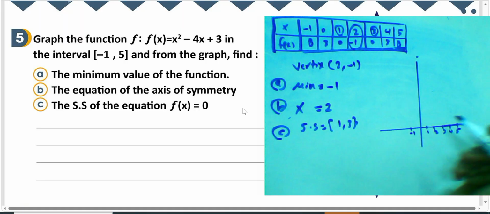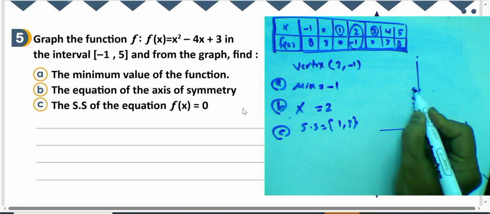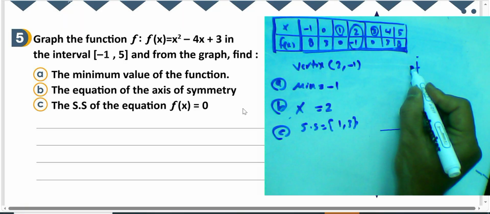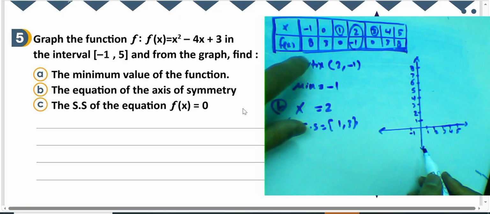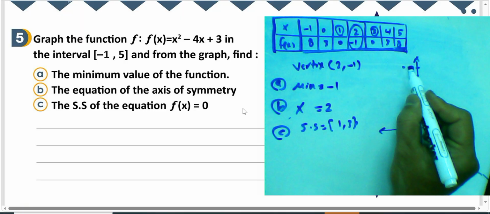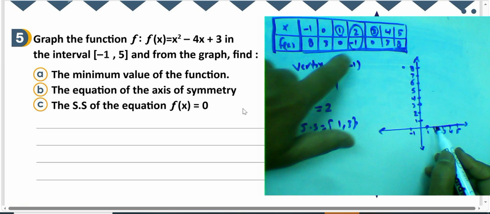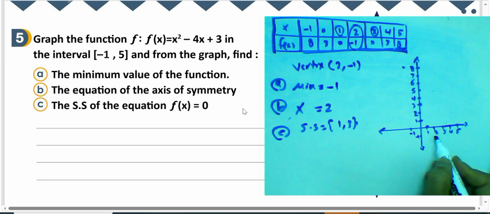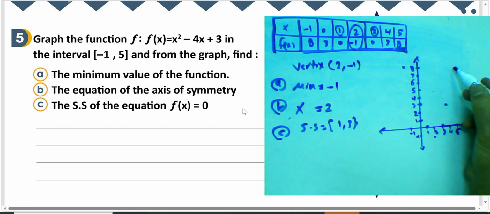And 1, 2, 3, 4, 5, 6, 7, 8. The first point is negative 1 and 8, the second 0 and 3, the third 1 and 0, the fourth 2 and negative 1, then 3 and 0, 4 and 3, 5 and 8.